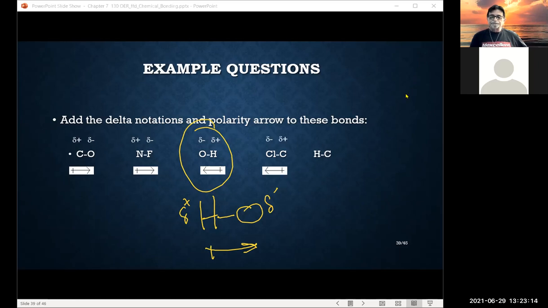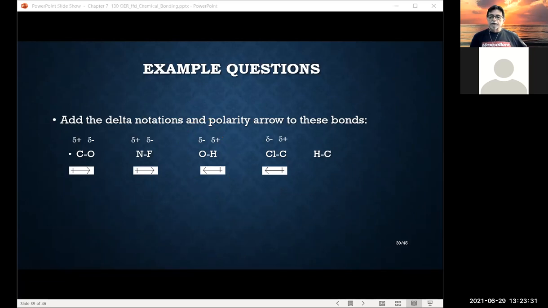Chloride to carbon, chloride, beyond no question, is a lot more electronegative, so the arrow goes from right to left, partial negative on the chloride. And then what can you say about the carbon hydrogen? Where does the arrow go? Which direction? Exactly.